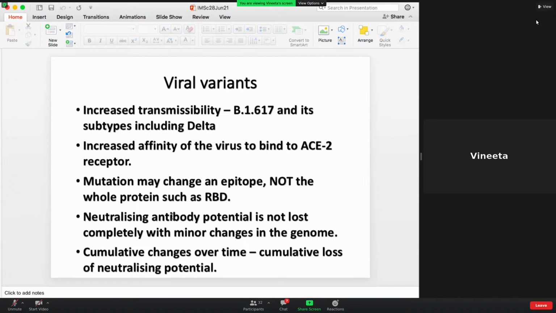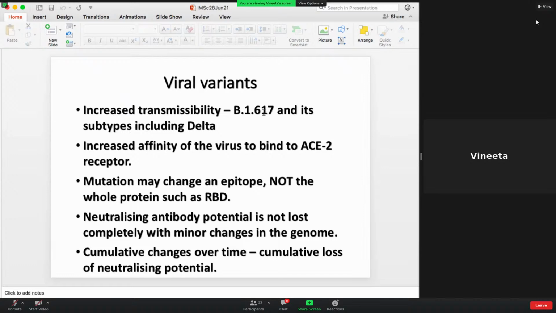So when neutralizing antibodies are generated, these neutralizing antibodies of a variety of kinds are all binding to RBD, and it's a possibility that the 617 variant has changed the structure of RBD in such a fashion that, out of, say, hypothetically 15 neutralizing antibodies as a polyclonal response, maybe one or maybe two have been changed enough so that the antibodies against those epitopes are no longer capable of binding to 617.